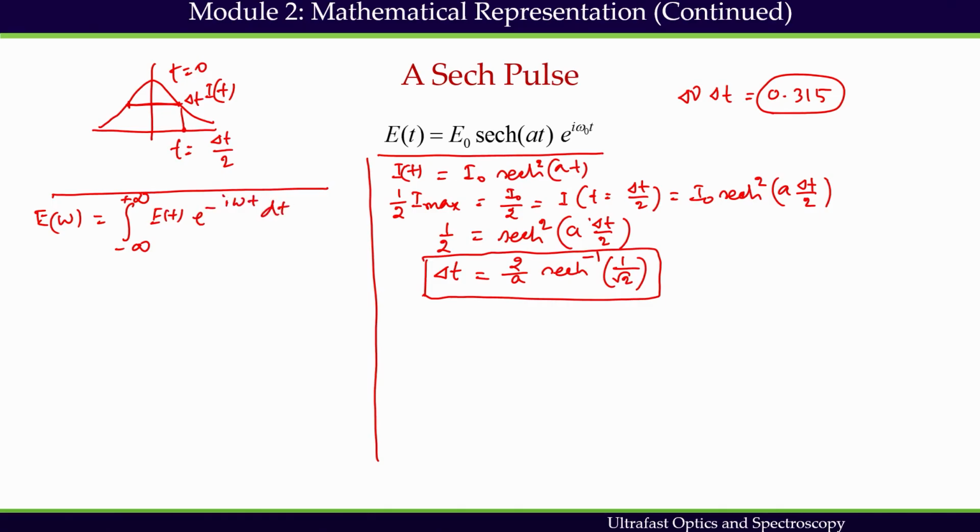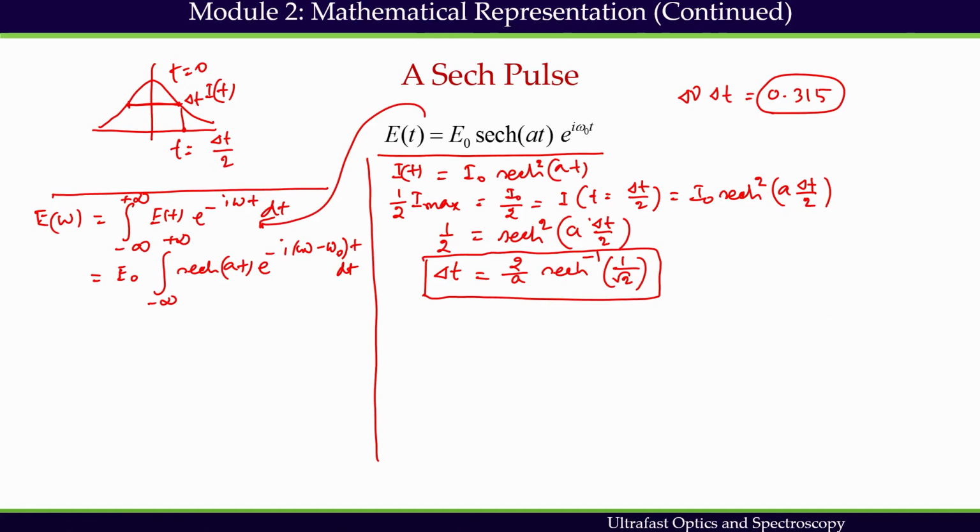The procedure is the same; the mathematics can be a little different. So I can write E naught multiplied by the integral from minus infinity to plus infinity of sec hyperbolic function of a t, e to the power minus i omega minus omega naught t dt. I just plug this in here.